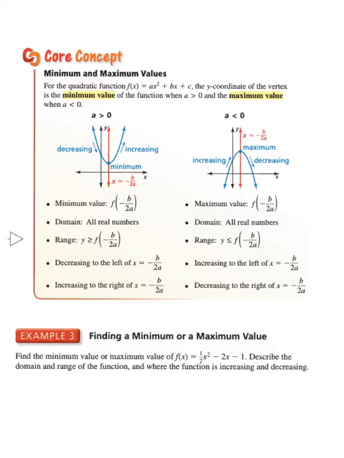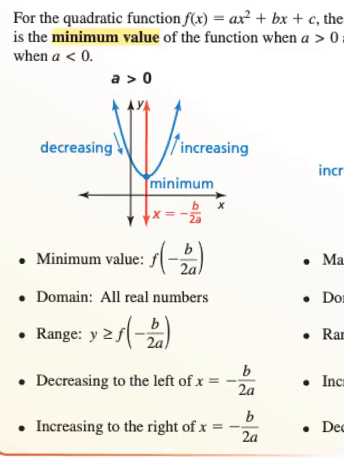Actually, it's not that hard, because if you remember the formula that we've been using, x equals negative b over 2a, that is the line of the axis of symmetry of the parabola, but it also marks the x value of the vertex. So the x value is given by negative b over 2a. Then we plug in the x value to get the y value.